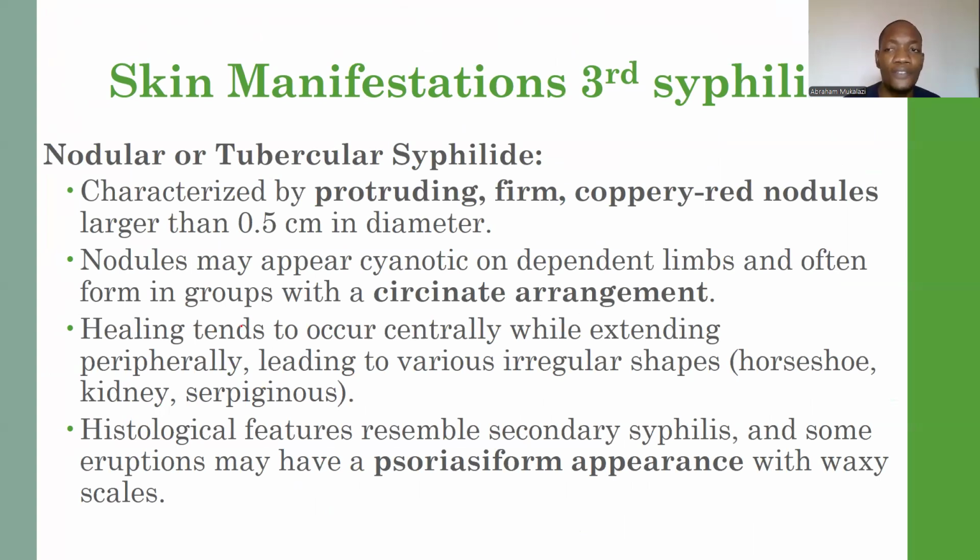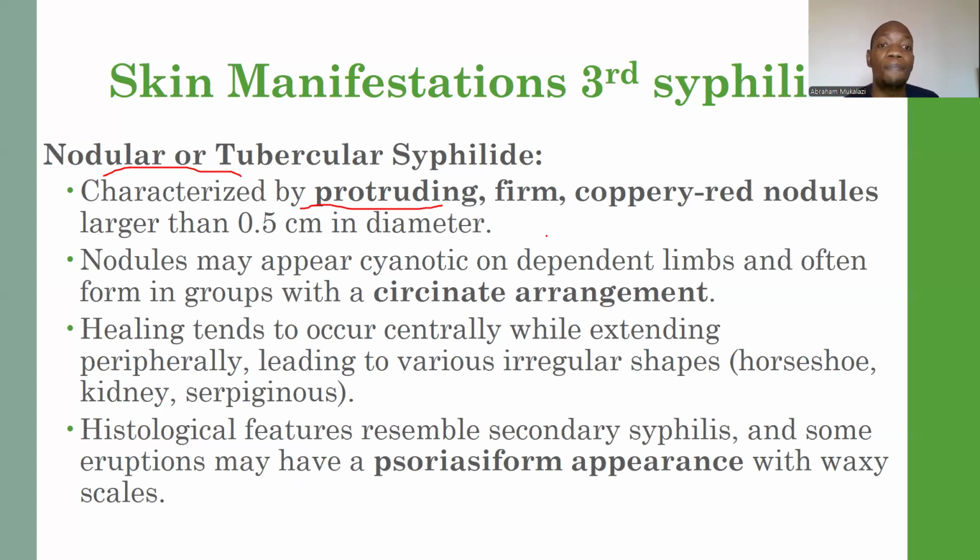Then when you go to skin manifestations in tertiary syphilis, we also classify them. So we can get the nodular or the tubercular syphilis. In this case, someone will have protruding firm coppery red nodules, which will be larger than 0.5 centimeters in diameter, or what we call the syphilitic gummas.